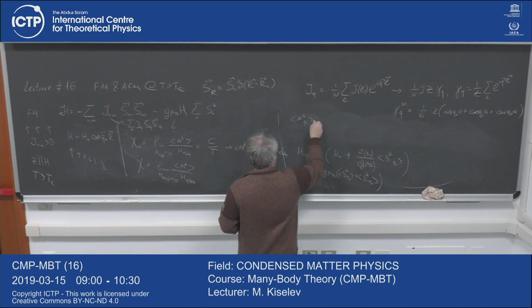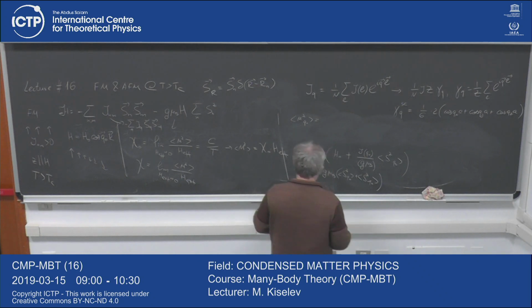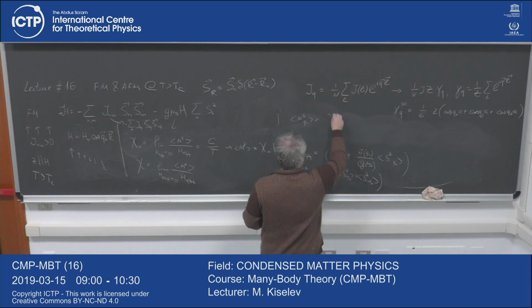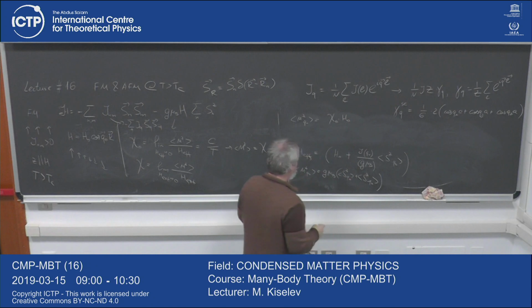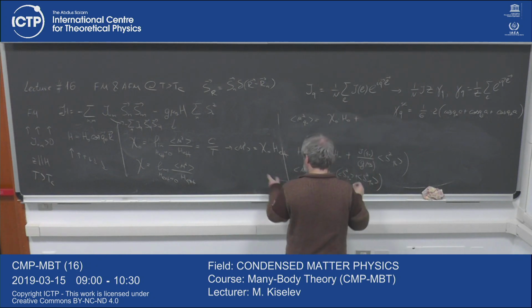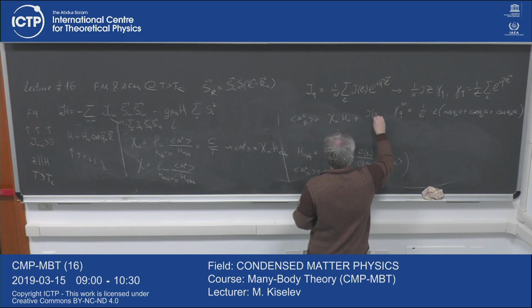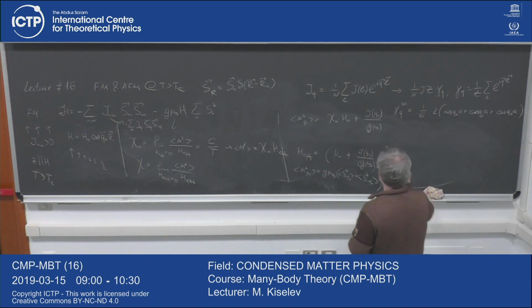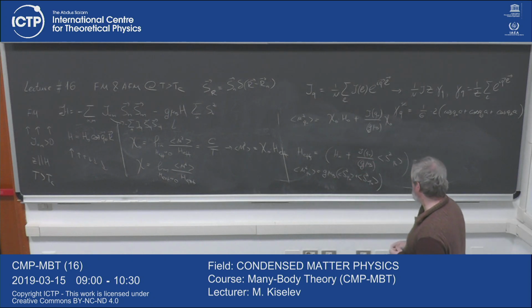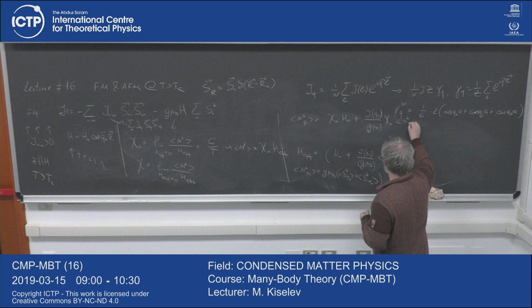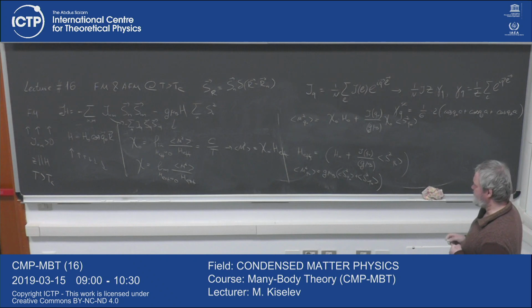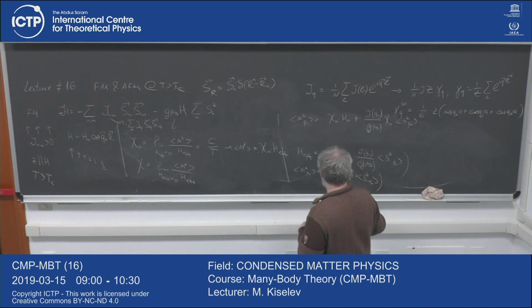mz q node is, let me follow one of the components. So this is then chi node times h node plus g q node divided by g mu bar times chi node times s z q node plus, actually I need to put a factor of 2.